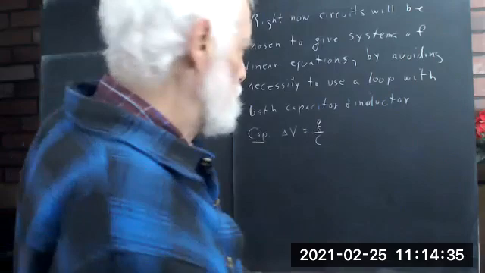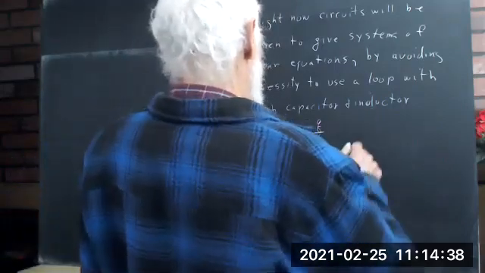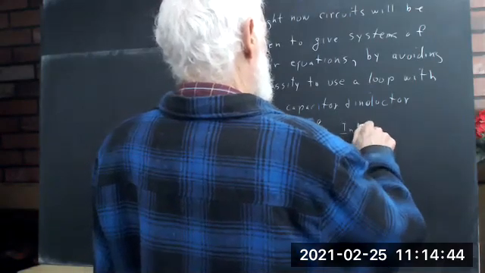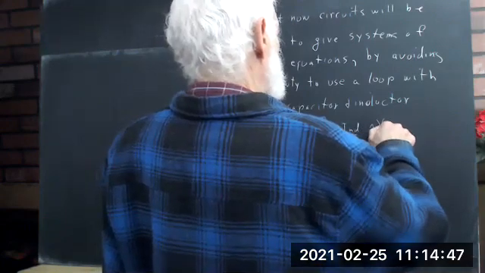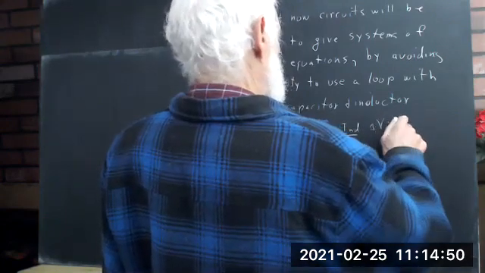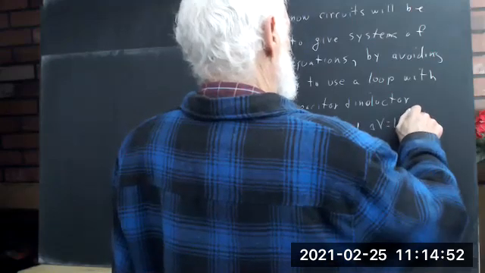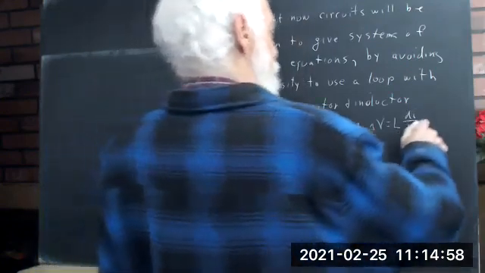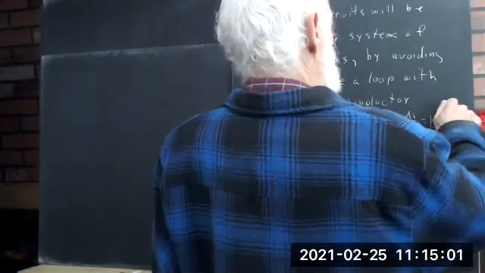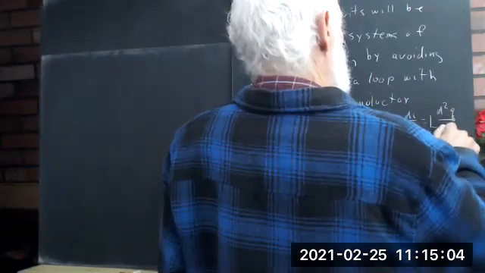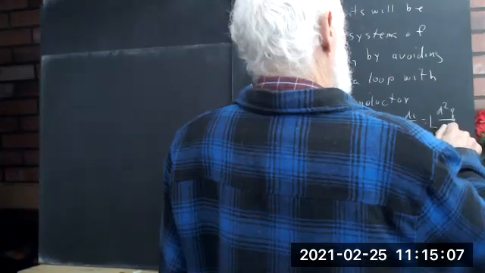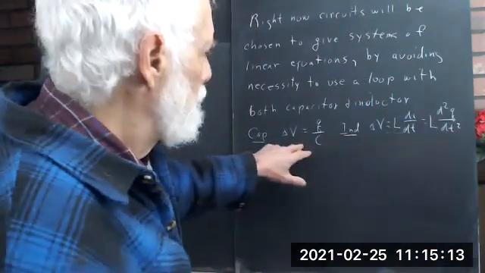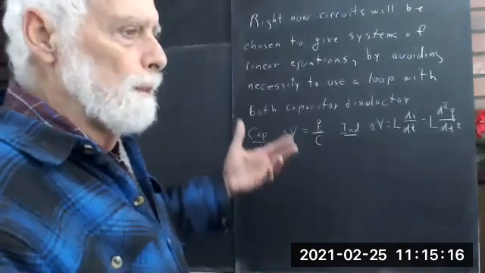Is the charge Q over C. The inductor is L di dt. So if we try to use this and this in the same loop, we're messed up.